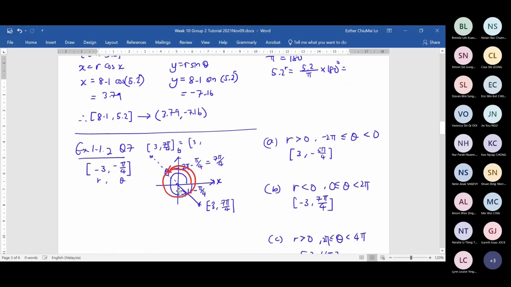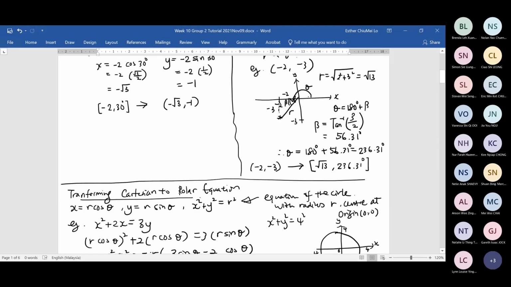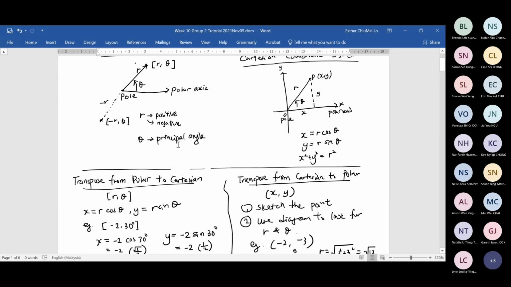I think since the beginning, I put that down. Yeah, for the principal angle, we can have a positive, a negative, or multiples.